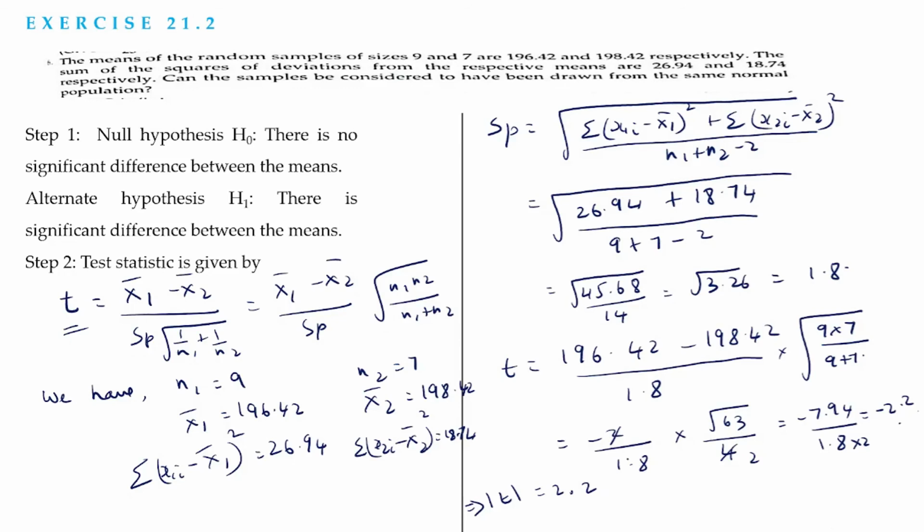Now we have to check whether we have to accept or reject the null hypothesis. Here the degrees of freedom is given by n1 plus n2 minus 2. So n1 is 9, n2 is 7, minus 2. This is equal to 14. So at 5% level of significance and 14 degrees of freedom, we have to see the table value and check whether the calculated t value 2.2 is less than or more than the tabulated value.